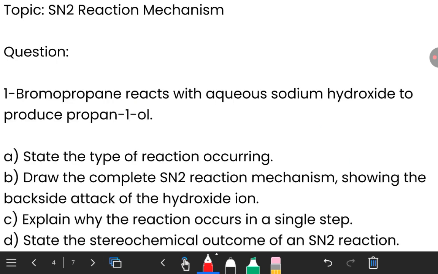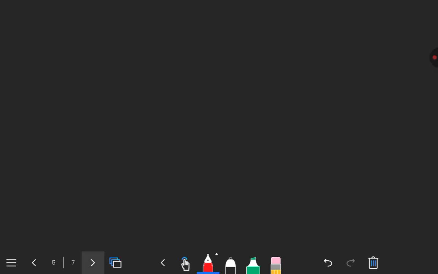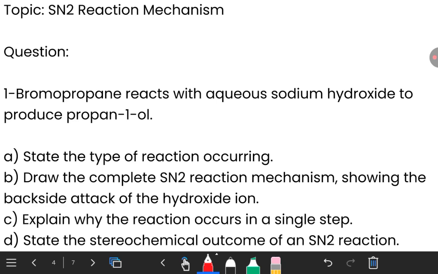So the next question is: 1-bromopropane reacts with aqueous sodium hydroxide to produce propan-1-ol. State the type of the reaction occurring. So let's solve this question. So they are saying 1-bromopropane.